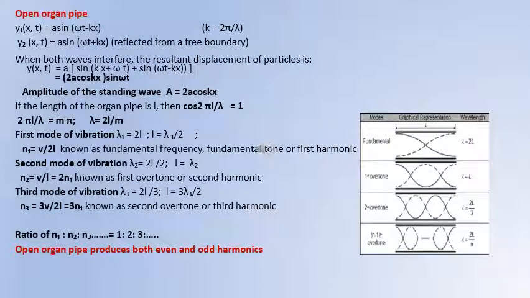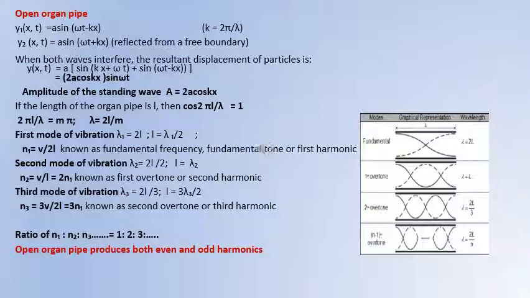Open organ pipe. In an open organ pipe, the reflection takes place from a free boundary. Therefore, the equation of the wave which is traveling in the positive x direction is A sine omega t minus kx, and that of the reflected wave is A sine omega t plus kx.